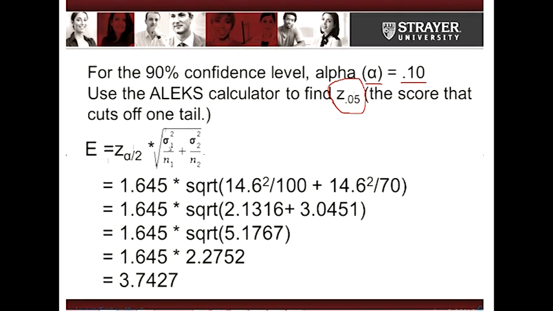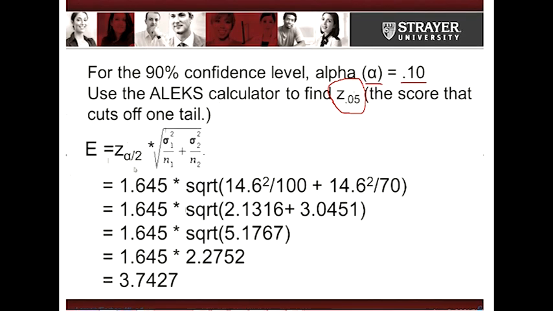So z times the square root of standard deviation 1 squared over n1 plus standard deviation 2 squared over n2. I have gone into the wrong class. Now I'm trying to pull up this calculator for you. I forgot to open that all up.